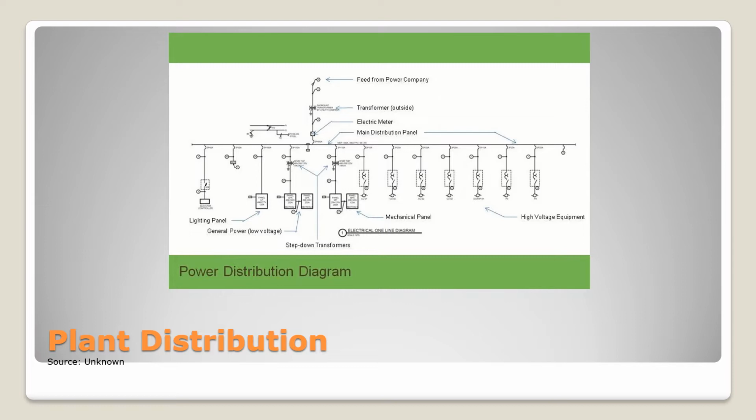What a transformer does is let me increase the voltage when I'm transferring the power, because then I have lower current, so I have lower I squared R losses in the lines. That makes the system more efficient. Then when I get to where the load is, I can drop that voltage so there's less danger of arcing, and I don't have to have really high voltage in my house.